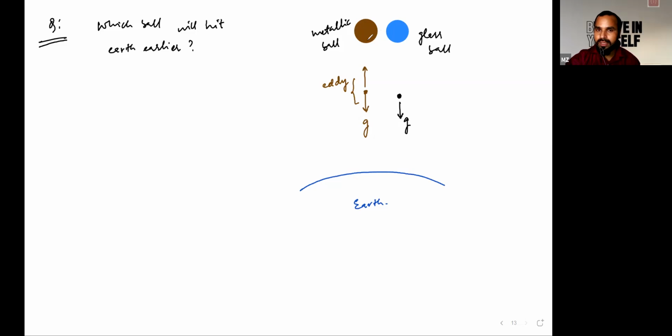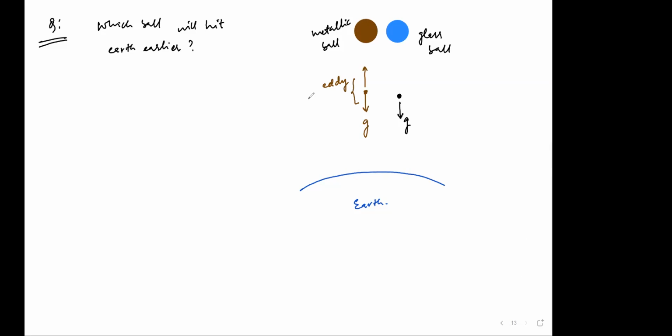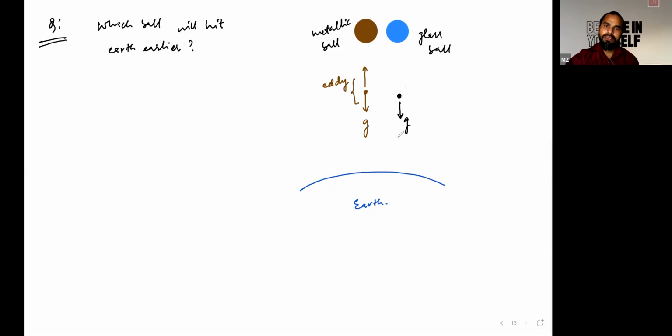So it would just slow down. You both did correctly. Okay, Ahmed? Yes, sir. So the glass ball will hit the ground earlier and the metallic ball would slow down and take longer time.